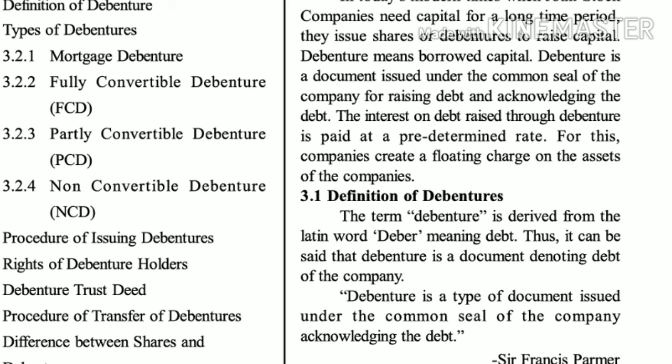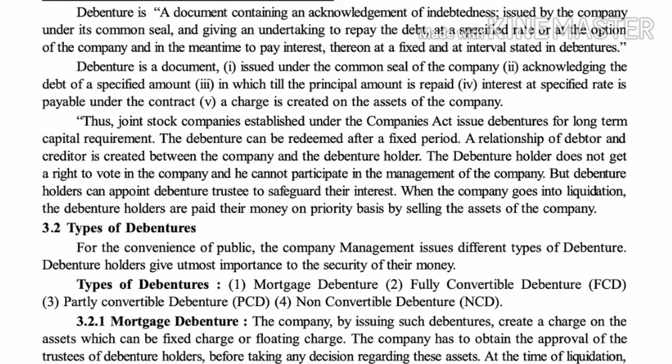Like the company's name is ABC Limited, it must mention ABC Limited on the document so that we can recognize that this is the document of the debenture holder which is issued by ABC Company Limited. Now, it's a document containing an acknowledgement of indebtedness.